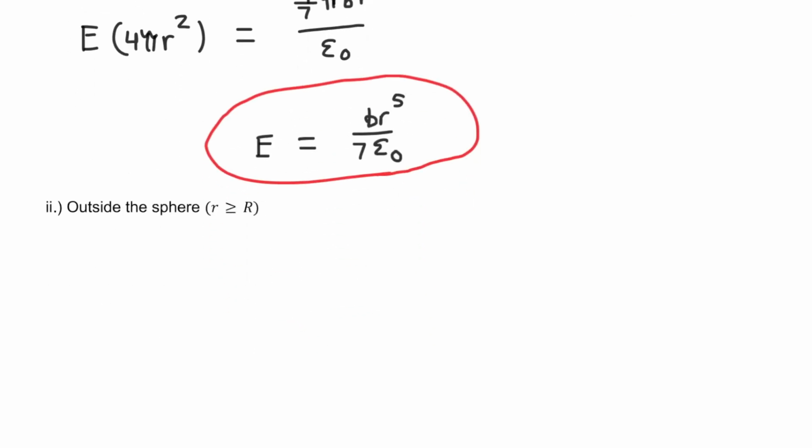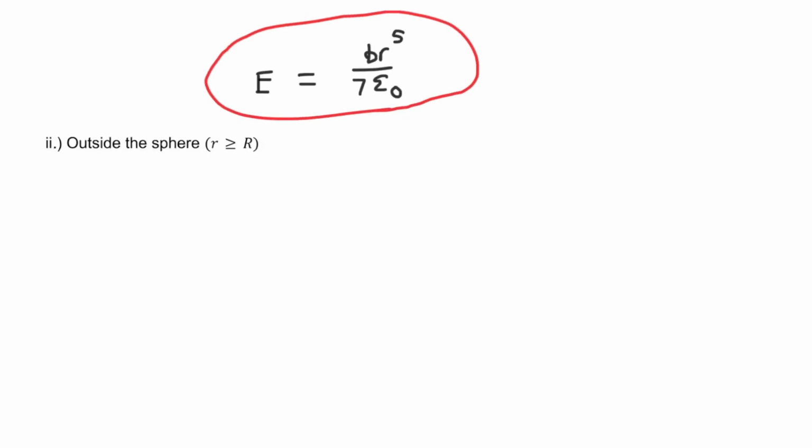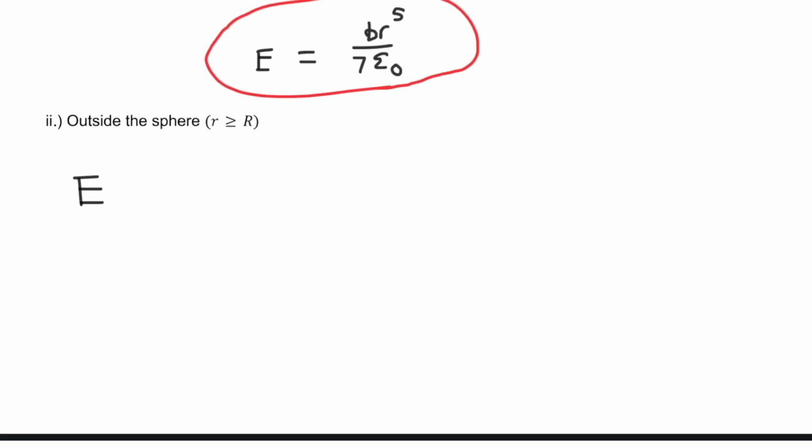All right, then outside the sphere. Outside the sphere, it just looks like a point charge. So I just know E would be equal to K times Q total over r squared, because we're outside the system, so it just looks like a point charge.